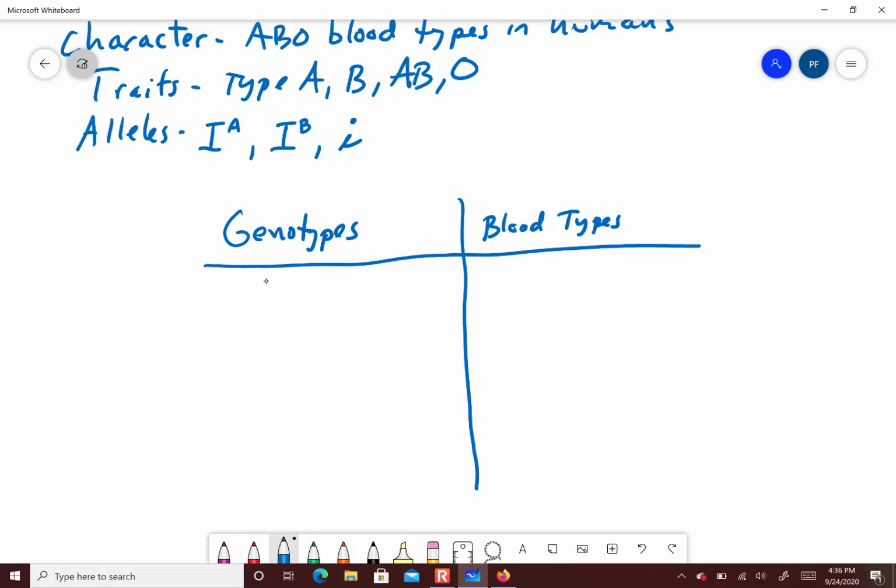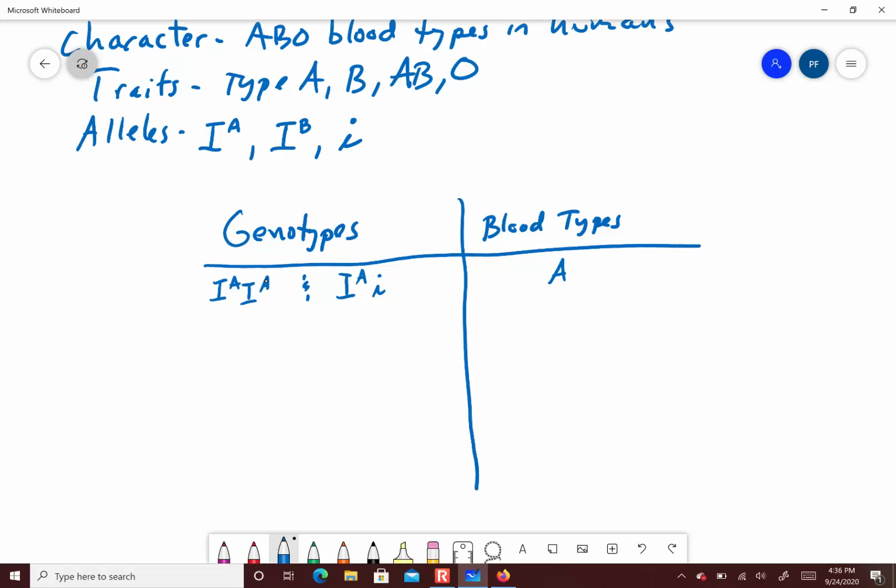Okay, so some of these are pretty straightforward, make sense. Like if we have IA and IA, that's got to be type A, right? Because they both say A, so there's no other option. But we can also get type A blood if we have IA and little i. Because that's just regular complete dominance, right?